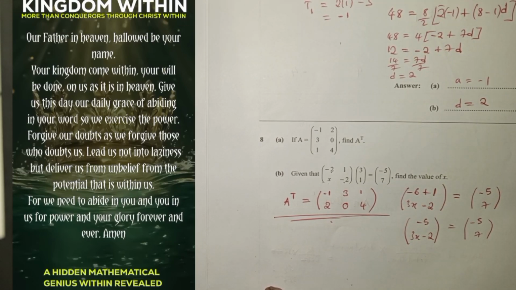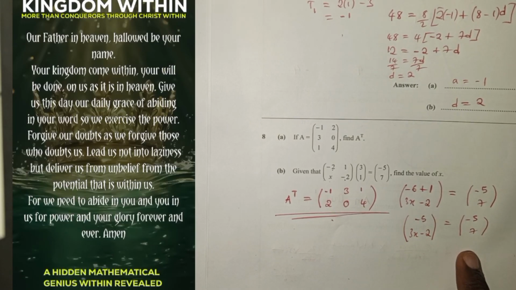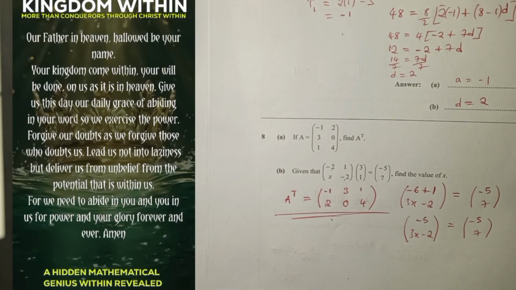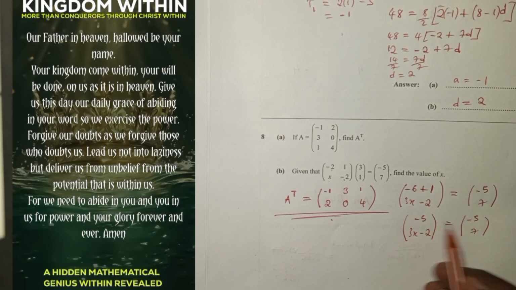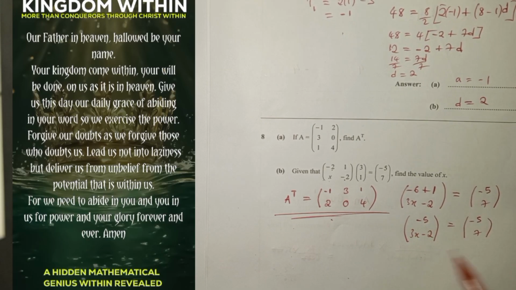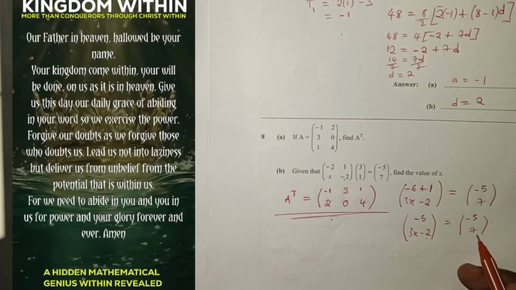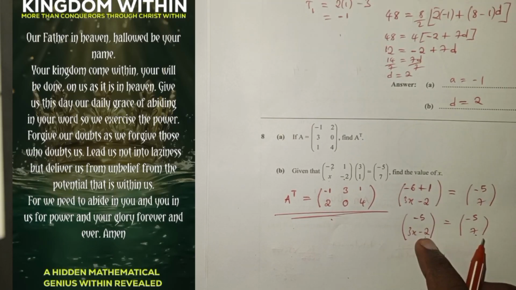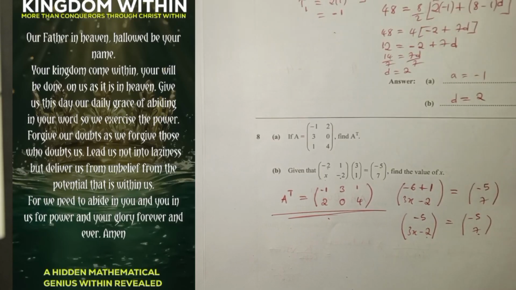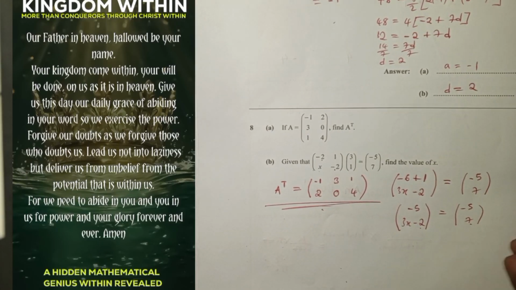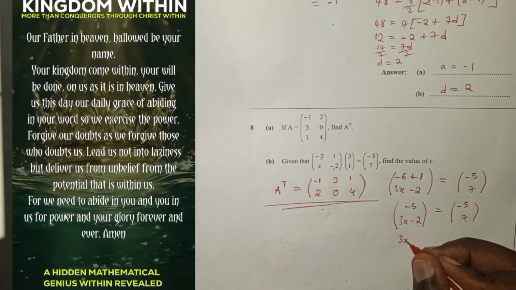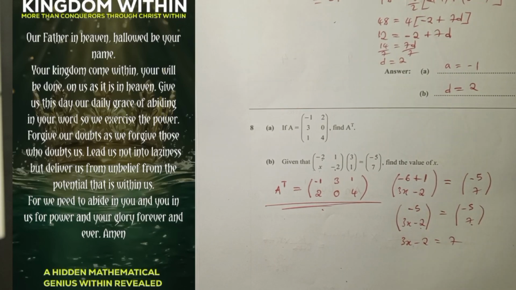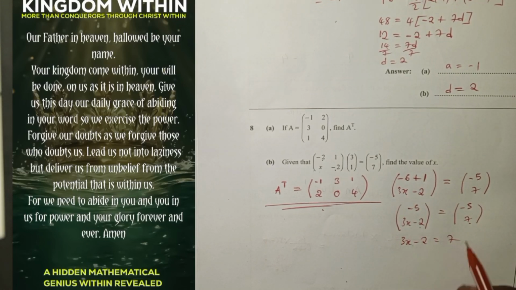And you can see that if two matrices are equal, it means even corresponding elements must be equal. So here we have minus 5, and here there is minus 5. So even this 3x minus 2 should give us 7. So 3x minus 2 is equal to 7. So you just equate these two and solve for x. So the minus 2 will go that side.